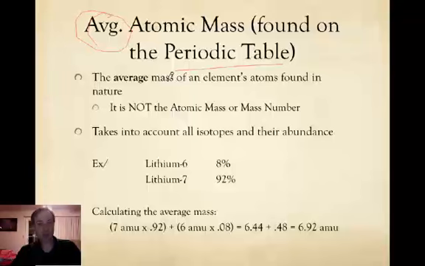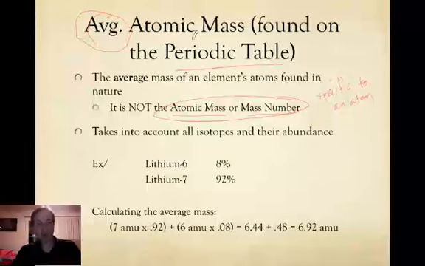It is the average mass of an element's atoms as found in nature. It is not the atomic mass or the mass number. These guys are specific to an isotope or to a particular atom. The average atomic mass looks at the universe and says this is the average mass of this particular element.